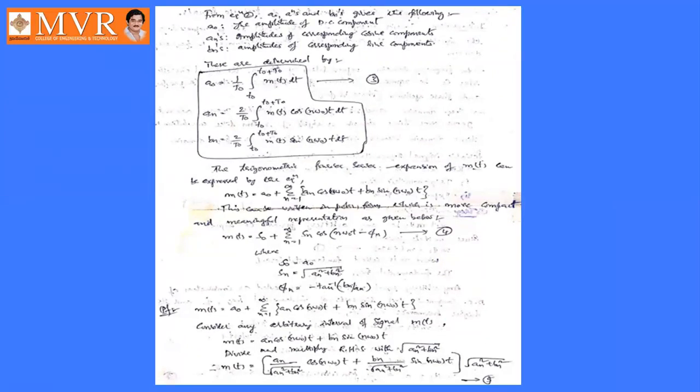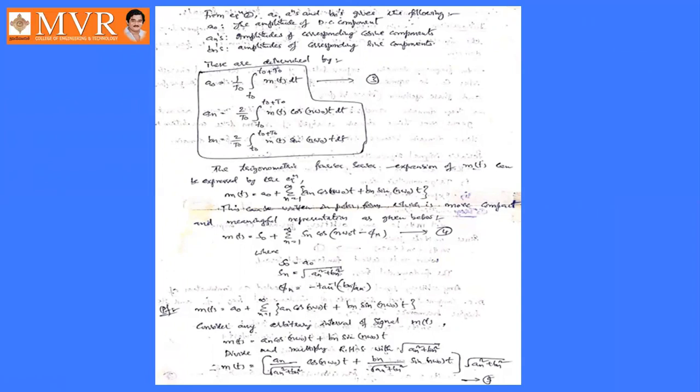So the trigonometric Fourier series expansion of m of t can be expressed by the equation m of t equal to a naught plus sigma n equal to 1 to infinity of an cos n omega naught t plus bn sin n omega naught t. This can be written in polar form. For our simplification purpose, the above expression can be represented in polar form.